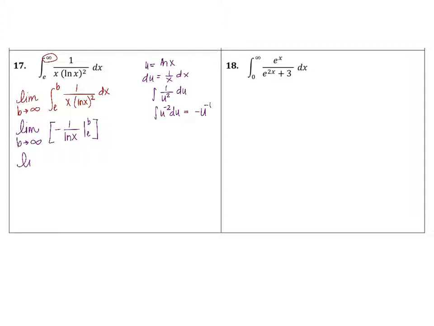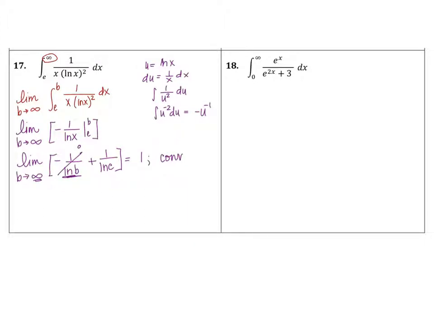So we have our limit as b approaches infinity of negative 1 over natural log of b minus a negative 1 over natural log of e. And so it looks like here, as that's tending toward infinity, that whole term is going to go out to 0. And natural log of e is 1, so 0 plus 1 is 1. And so therefore this does converge.